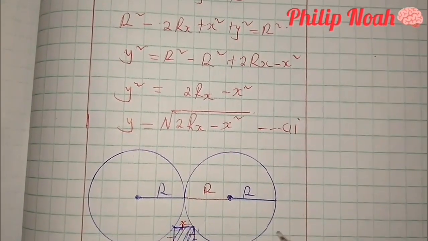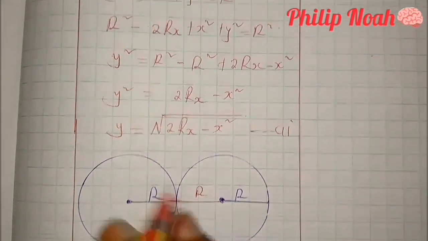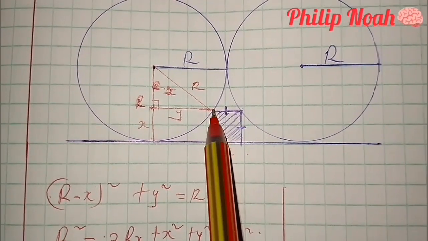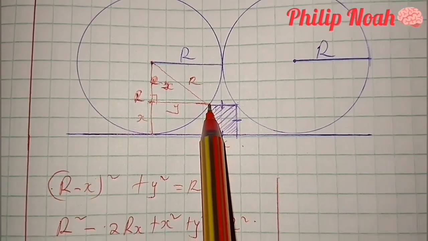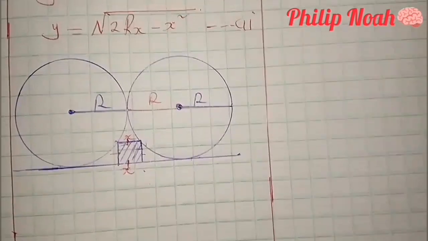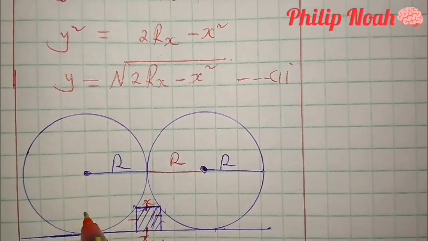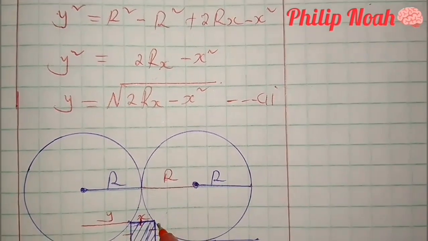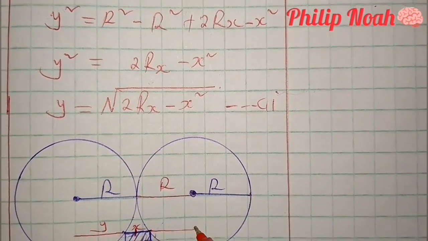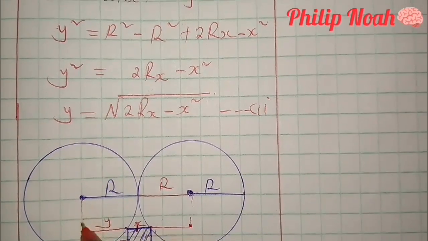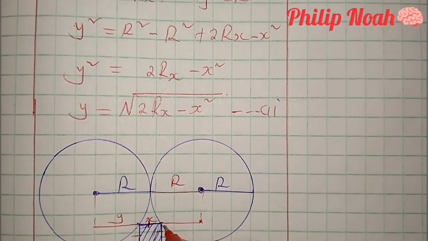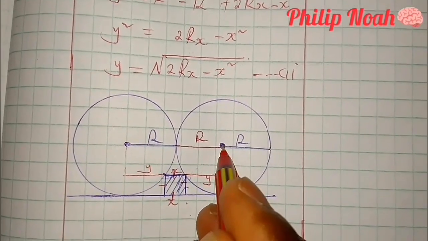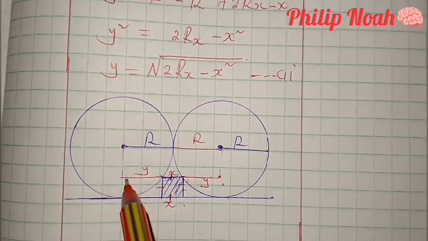And we have said that this line to here is y. So from this point to this point is y. Meaning that from this point to the center here is also y. So from this point to this point is the same as this distance.